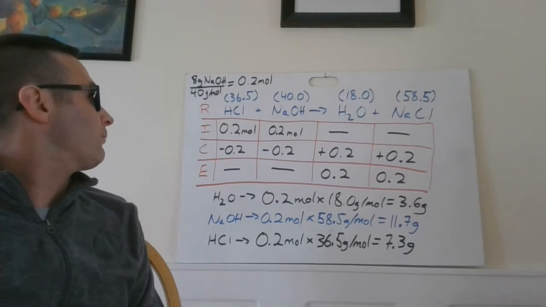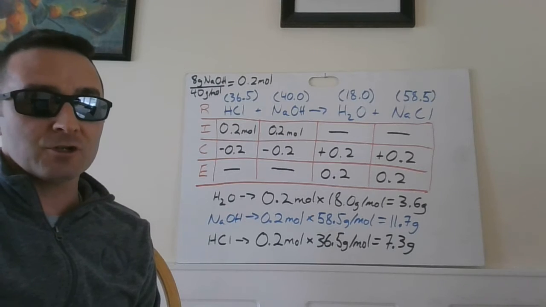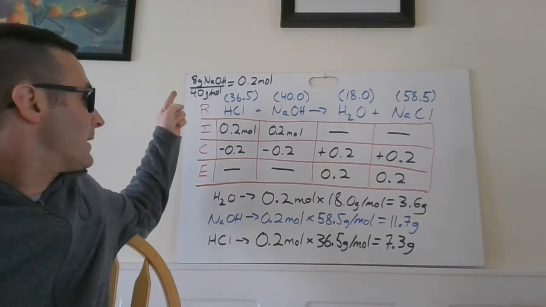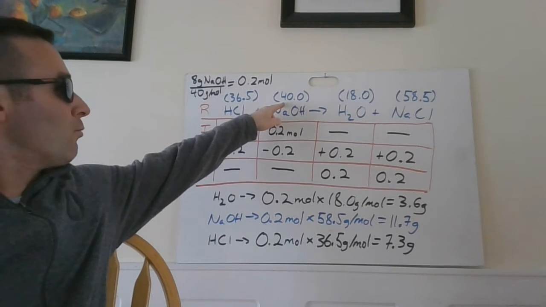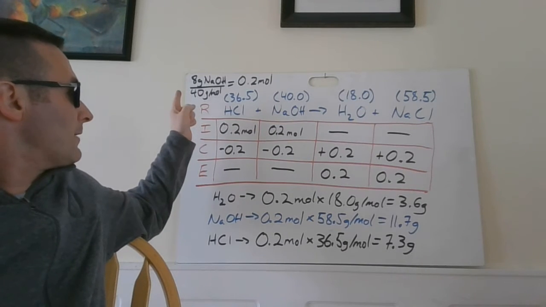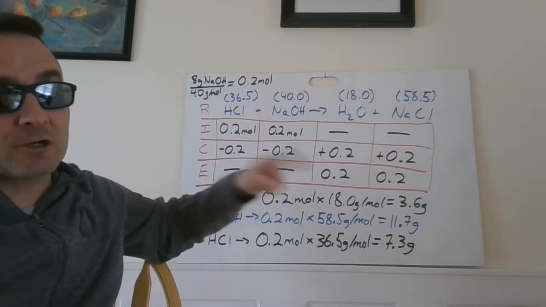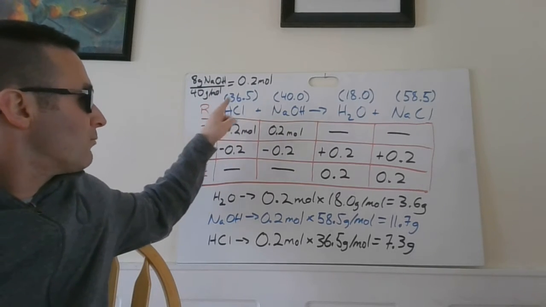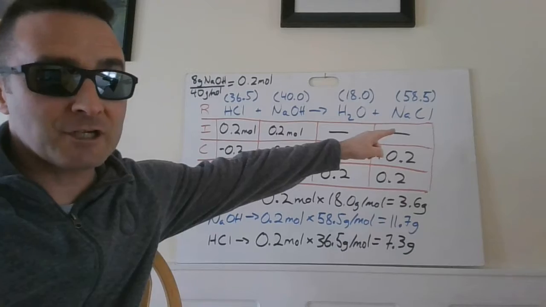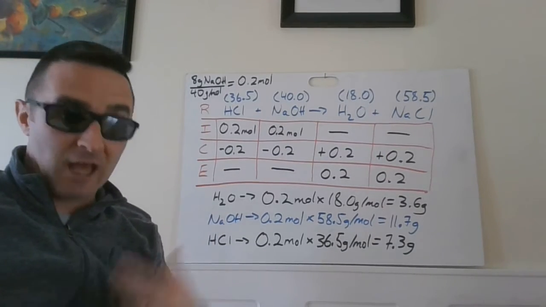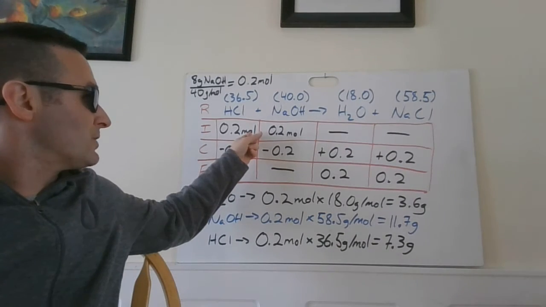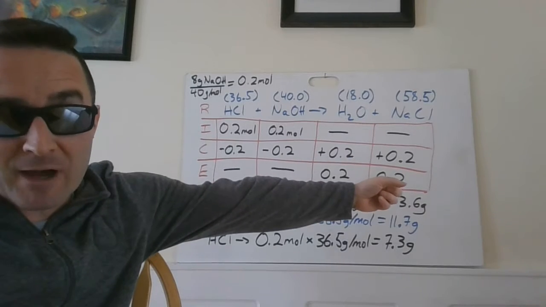So I'm assuming here we start off with an 8-gram sample of sodium hydroxide. Doing a rice table, we need moles. So if I've got 8 grams of sodium hydroxide, I know 1 mole is 40 grams, so I've got 0.2 moles. I can start filling out my table. This is a 1-to-1 to 1-to-1 reaction, so I'm going to need the same amount of pieces to react with my sodium hydroxide, and I'm going to get the same amount on the backside.